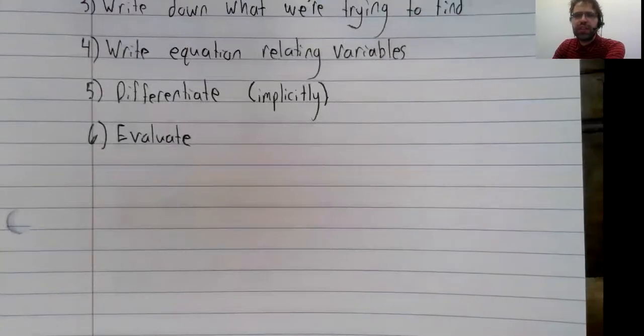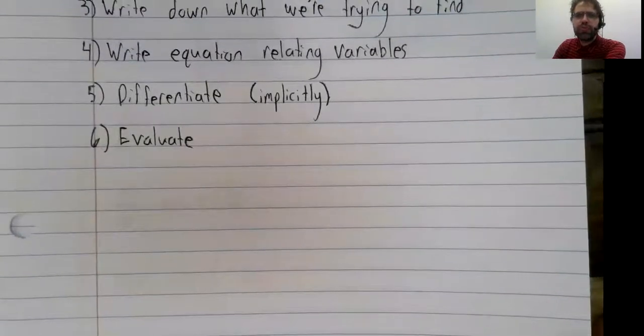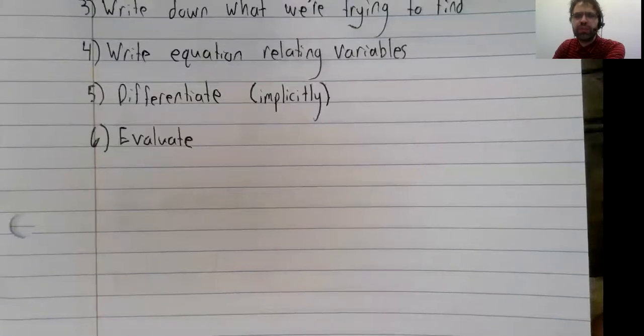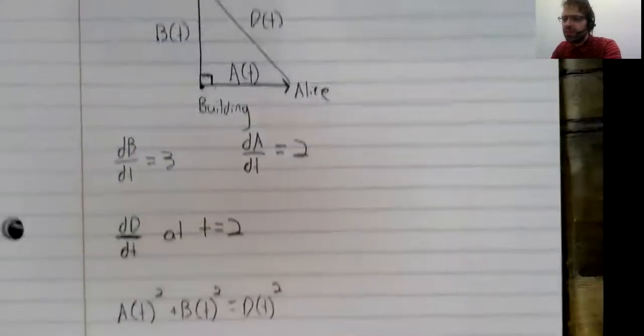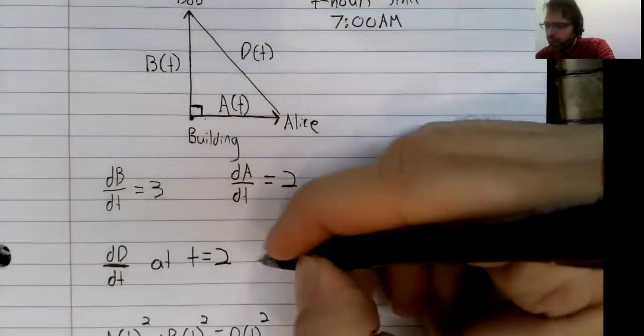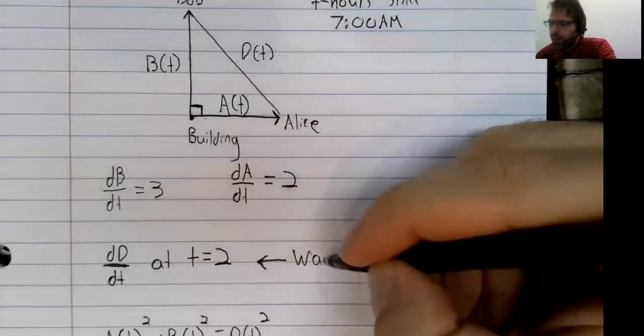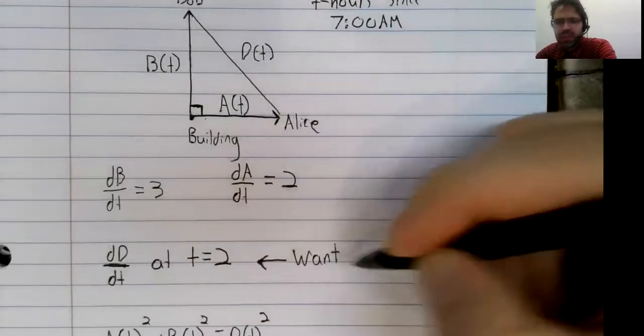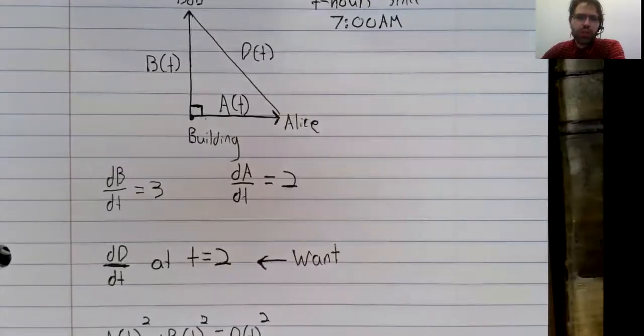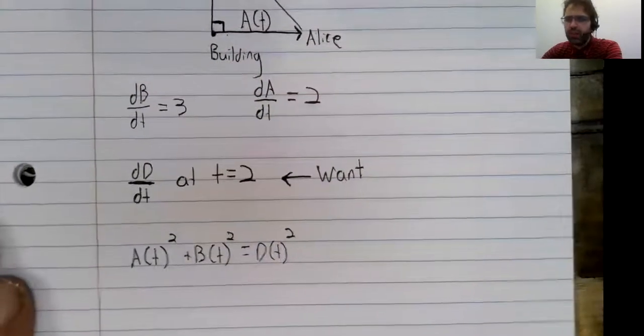Now that we've related the variables we have to the variables we want, we differentiate. I mean, remember what we want here. We want a rate of change, and a rate of change is a derivative.